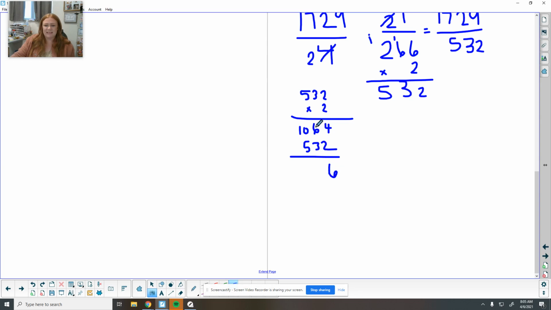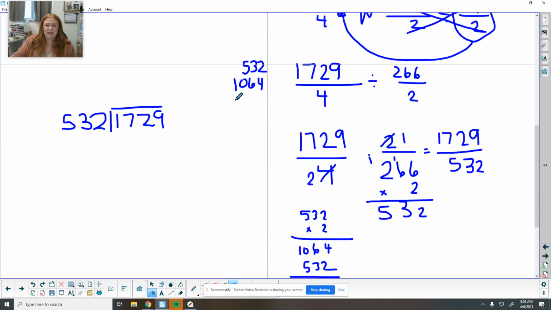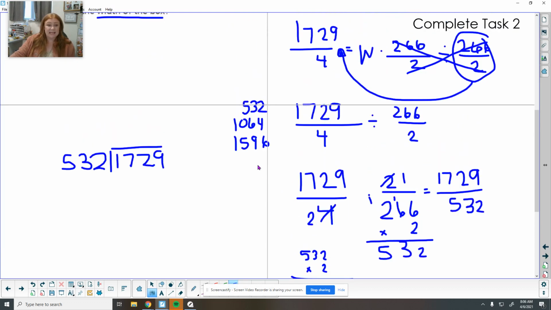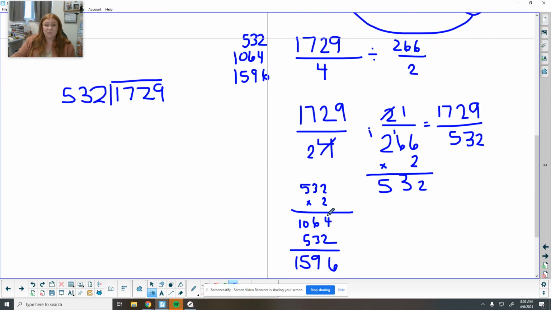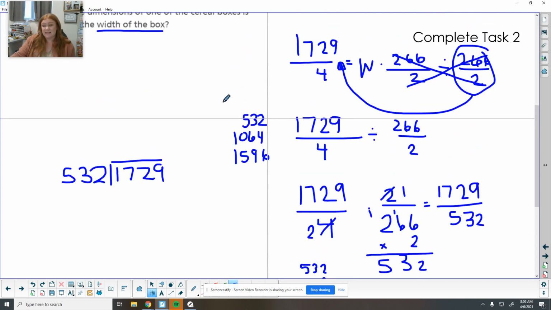Makes that 1596 if I do 3 groups. And I know I can't get another group in there because 1596 plus another 500 is going to be about 2,000, and that's too big. So I think this will get us started here. So it takes a little work up front, but then the rest of it should be pretty simple.